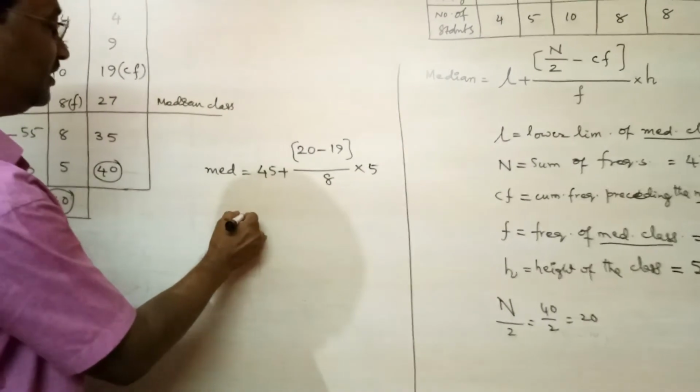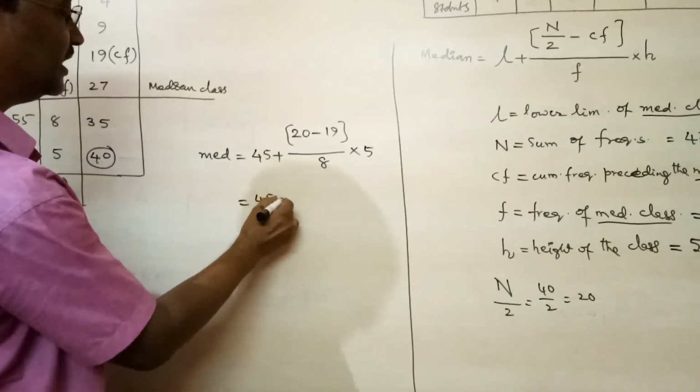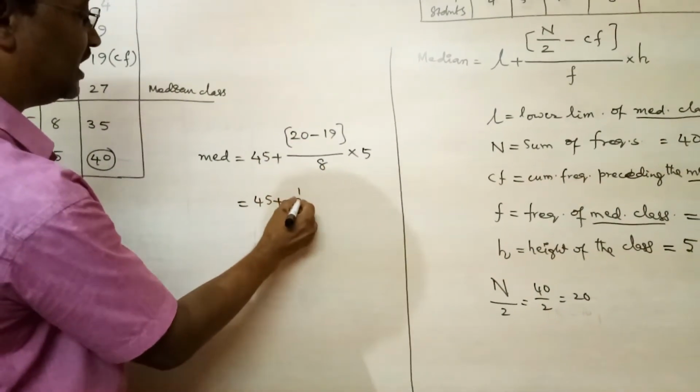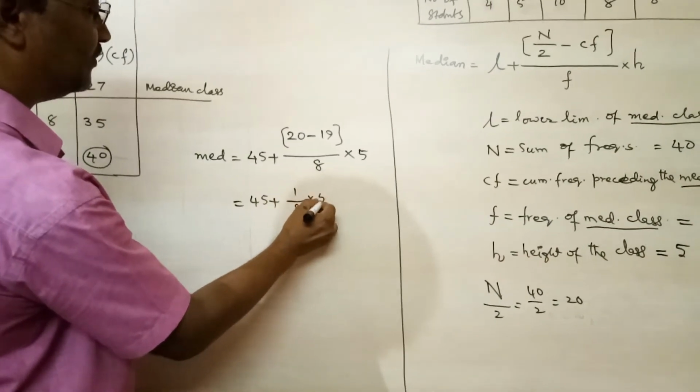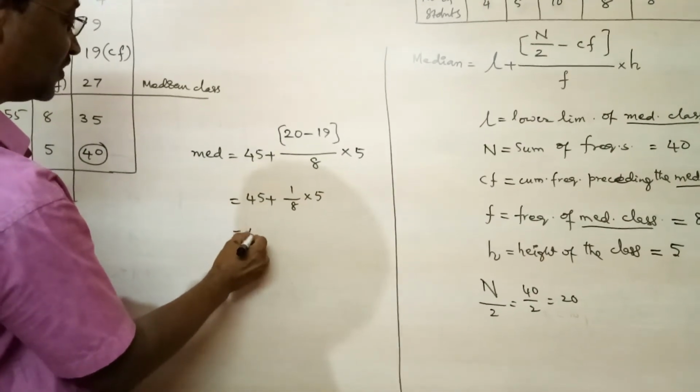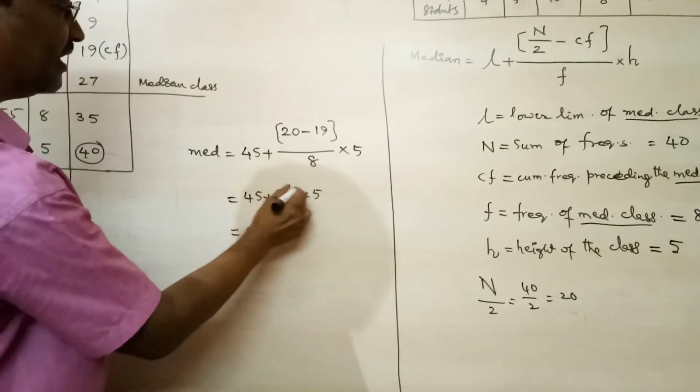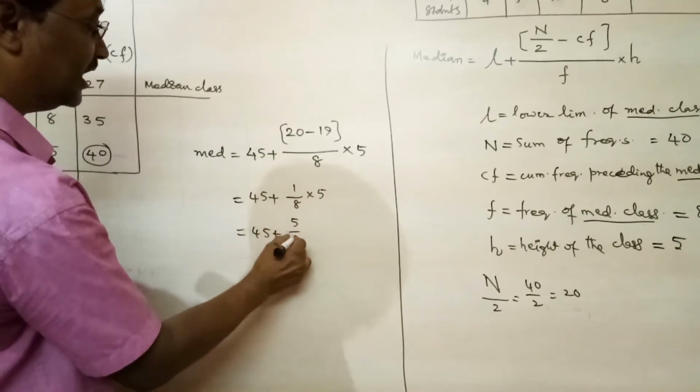Now simplify and you will get the answer. 45 plus 20 minus 19, which is 1, by 8 into 5. 45 plus 5 by 8.